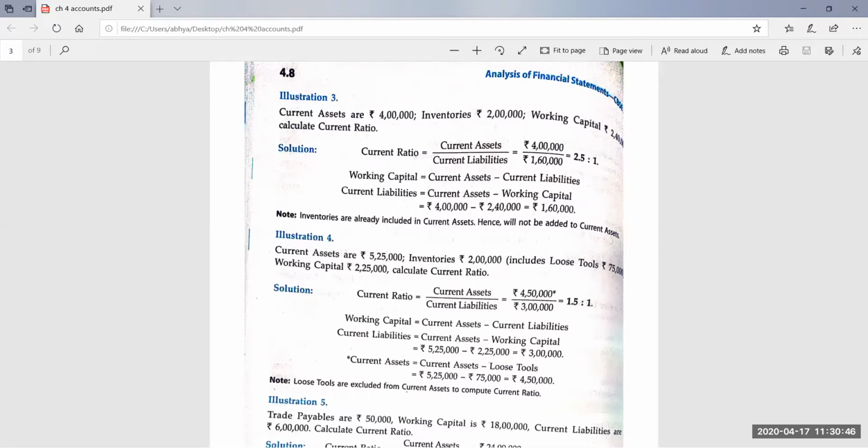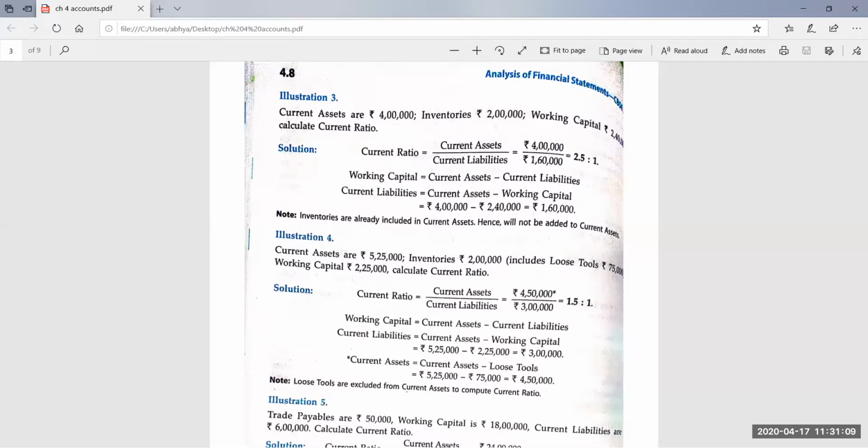Just check it out. Working capital. Again, I have given you the formula for working capital: current assets minus current liabilities. So current liabilities we can find out by using current assets minus working capital. So current assets 5,25,000. I think some people must have deducted 75,000 from this current asset.